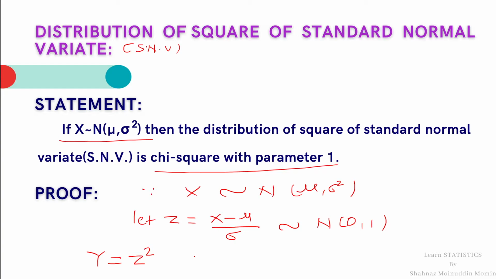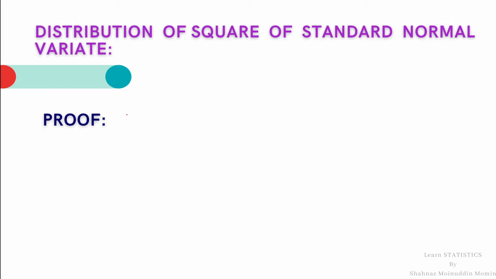In this result we obtain the distribution of y by the method of cumulative distribution function. So consider the cumulative distribution function of y. Let gy be the CDF of y.